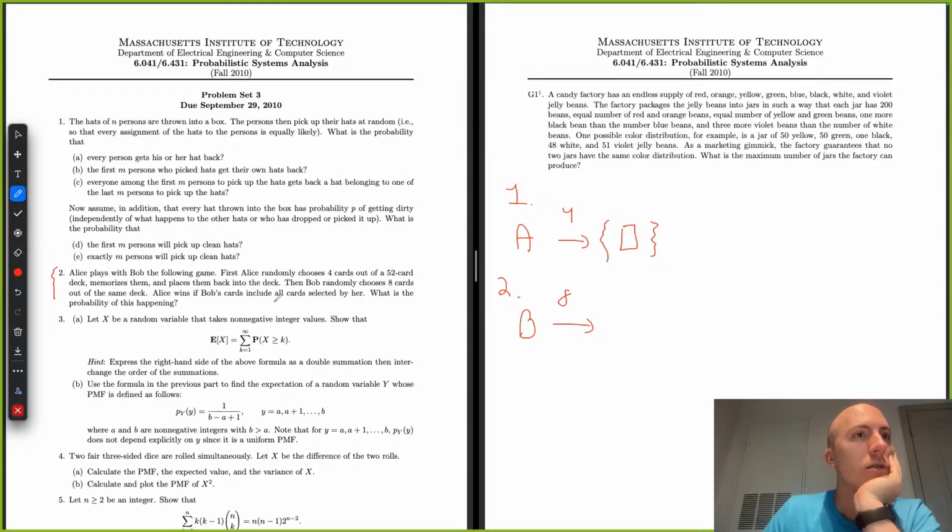Alice wins if Bob. Okay, so Alice has the 52 cards. She picks 4. She chooses 4, memorizes them, and places them back.